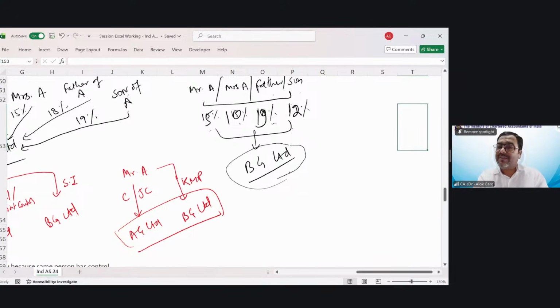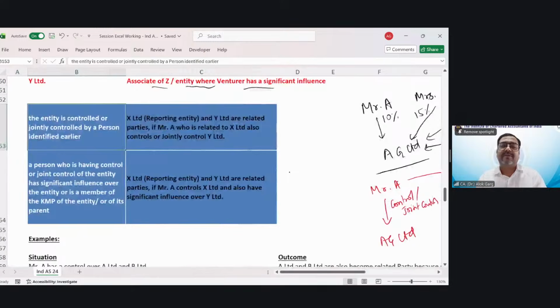So they hold 56% in BG and they hold 62% in AG. So tell me, Mr. A and his relatives jointly are holding the controlling stake in AG Limited and BG Limited. So whether AG and BG will be related parties? Answer is yes. AG and BG will be related parties.